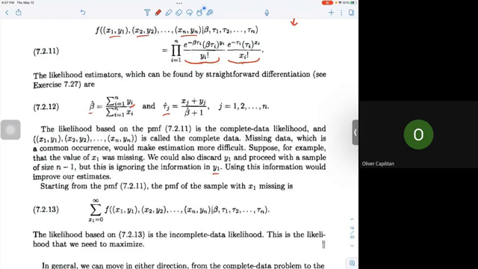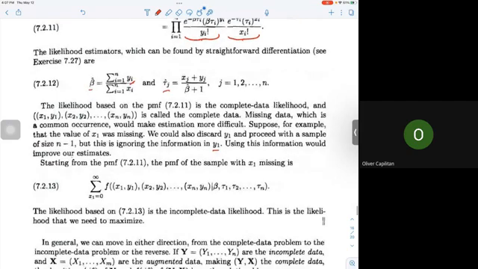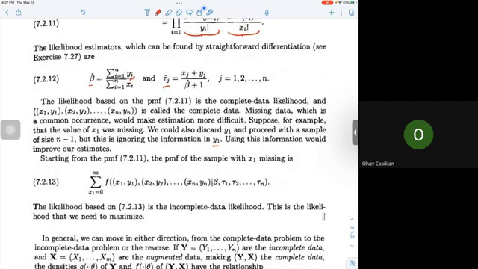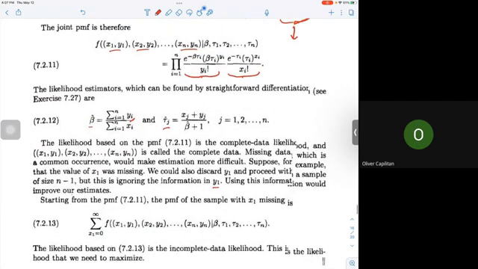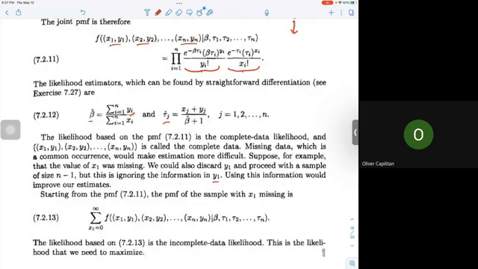So kung meron tayong missing data, this would be starting from the PMF 7.2.11. Now the PMF of the sample with x sub 1 missing is, so we have here the infinite summation of the joint PMF.